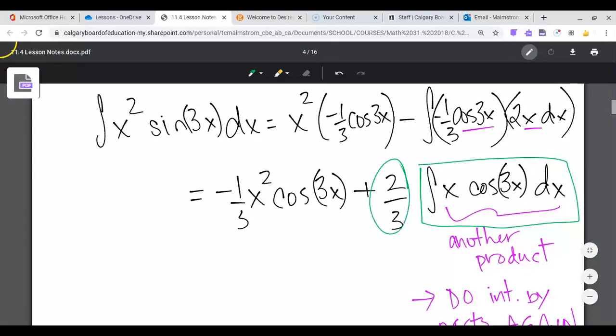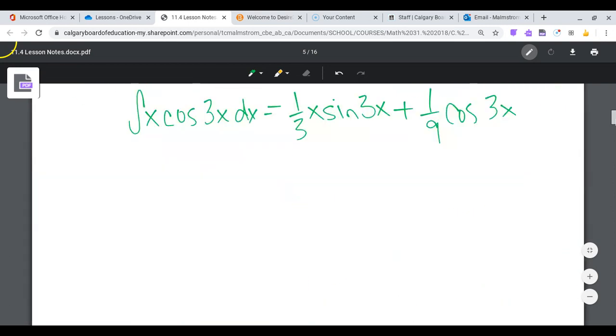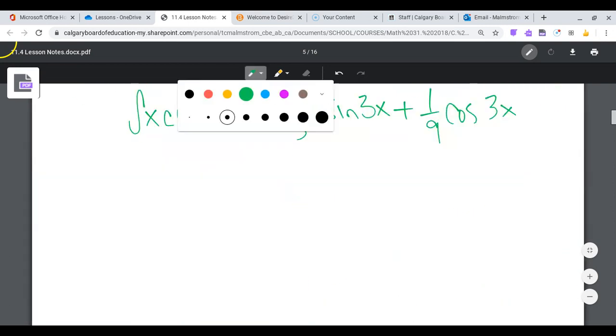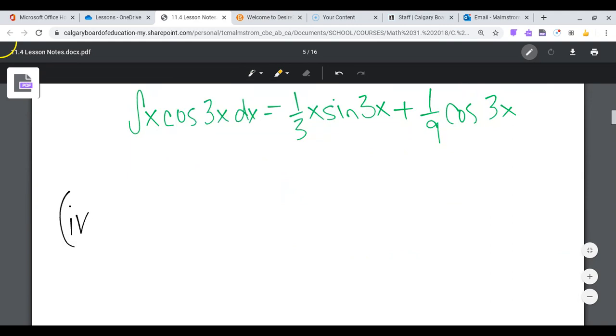So we're going to have to multiply it by the 2/3 and then not forget the front part in this particular question. Okay, so let's put this all together now. This will be step 4.